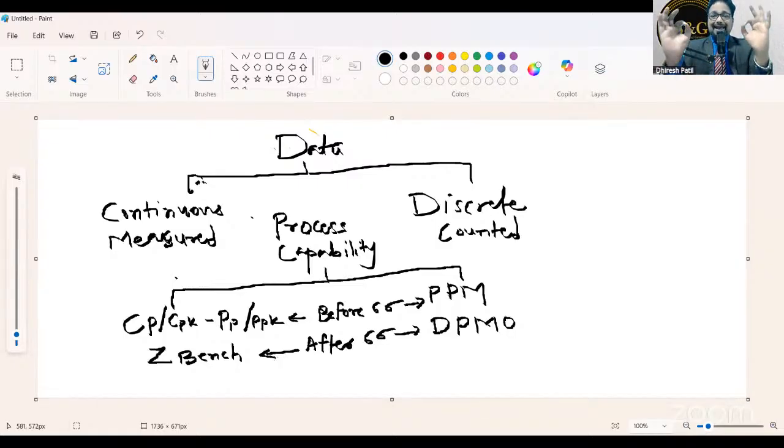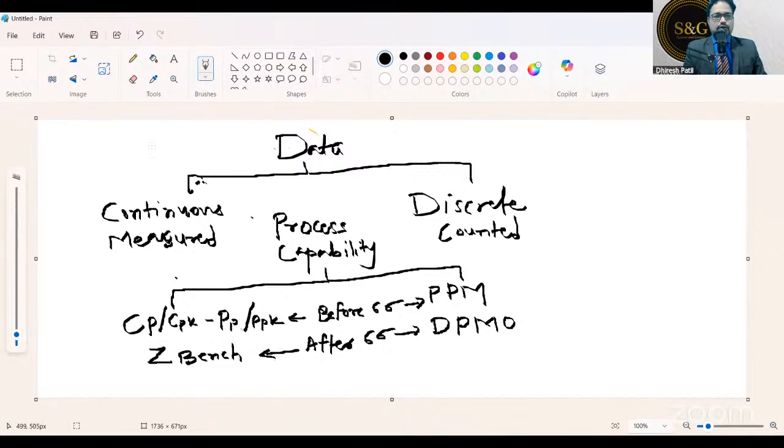Is my process capable enough within the specification limit or not? That is what these indicators tell. Everybody with me till now? Just give me yes in the chat box. We'll go deeper into this.